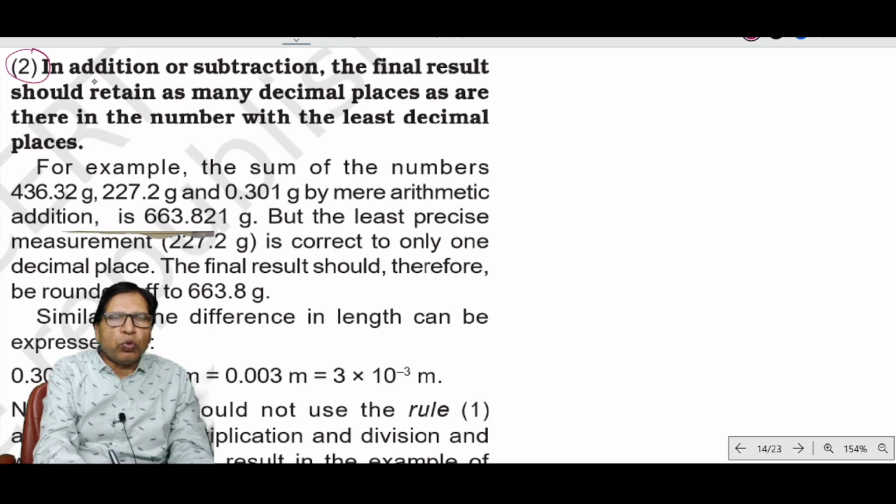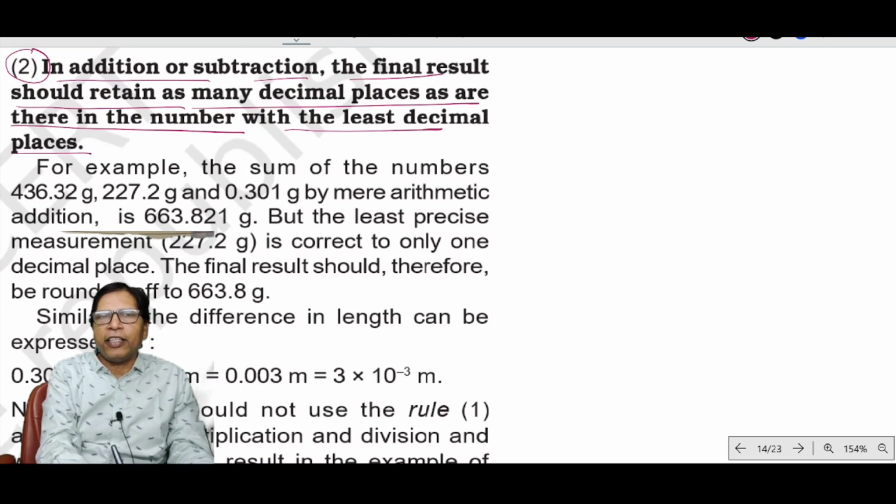Now rule number 2. In addition or subtraction, the final result should retain as many decimal places as there are in the number with the least decimal places.